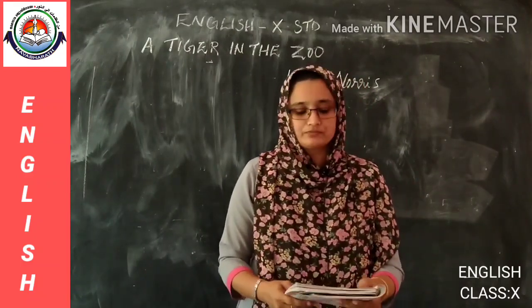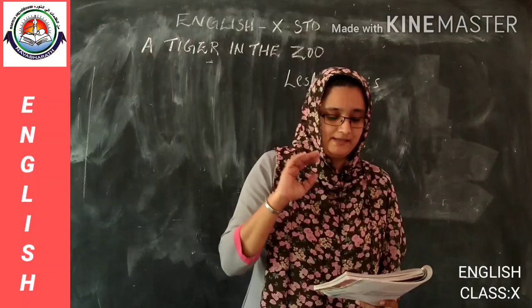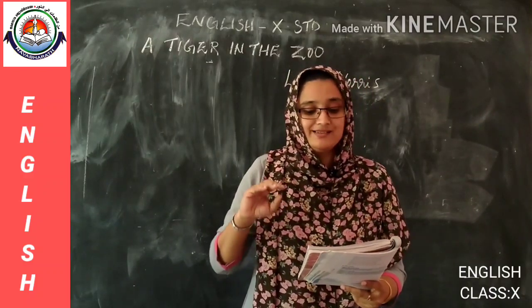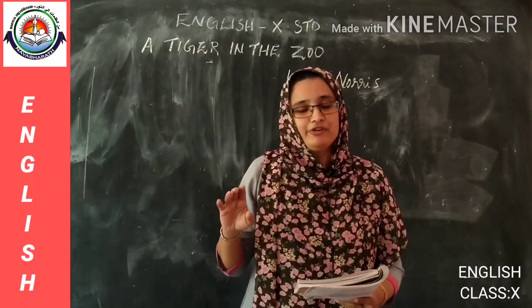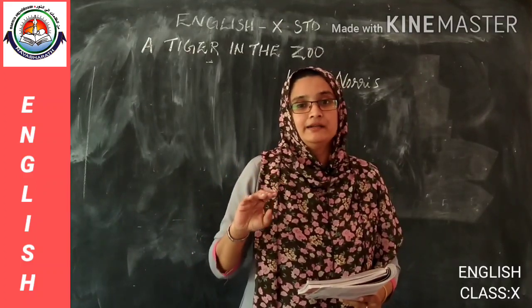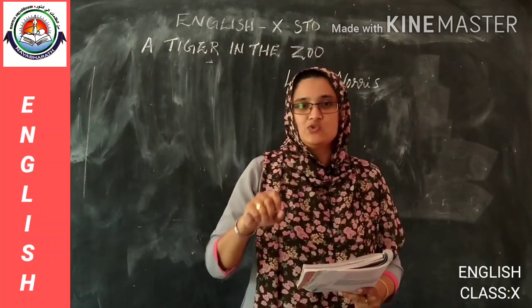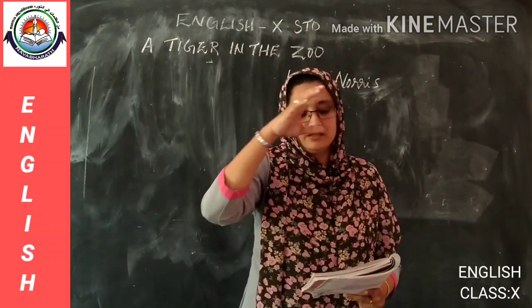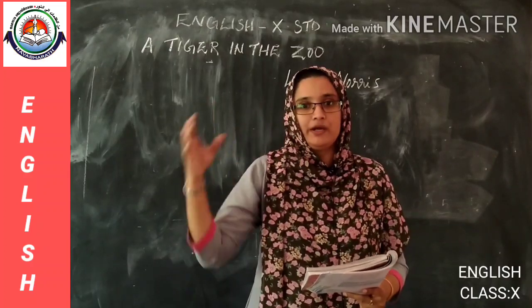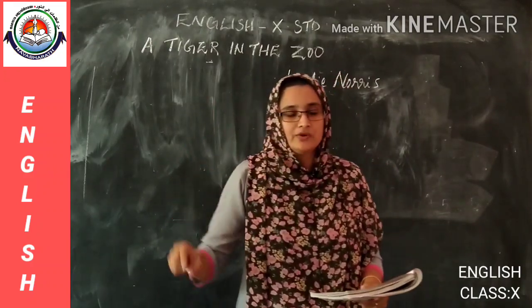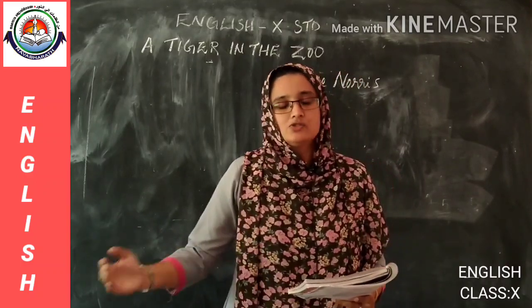You see? Okay, let's move to the first stanza. He stalks in his vivid stripes. Everyone knows that a tiger is a beautiful animal. He is powerful and also he is beautiful with his vivid stripes. What does vivid mean? Bright colored stripes on his body, right? He stalks.